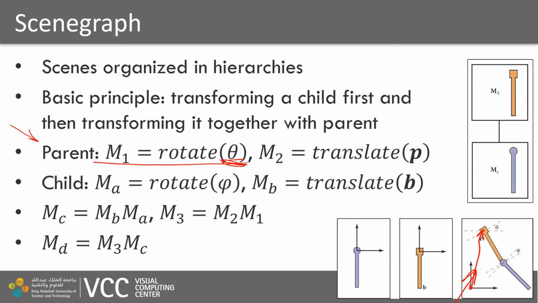Now, if we want to perform a transformation of the second part of the pendulum, this blue part, we want to also rotate it and translate it, but we rotate it by an angle phi, which is a partial angle of rotation, and then we translate it to the point B. The point B is this point here, which is at the lower end of our upper part of the pendulum.